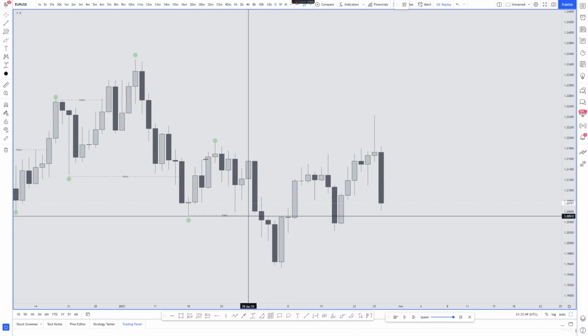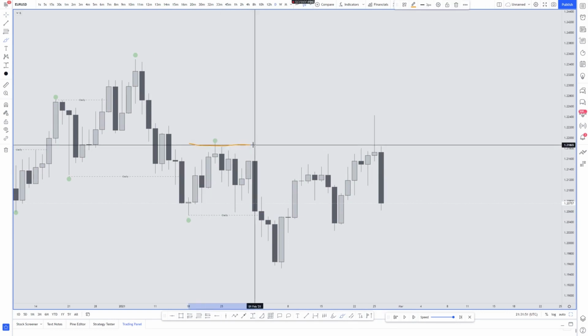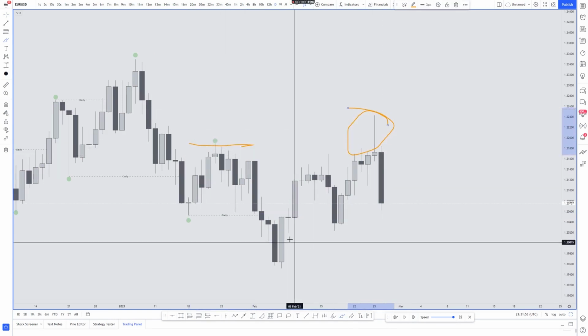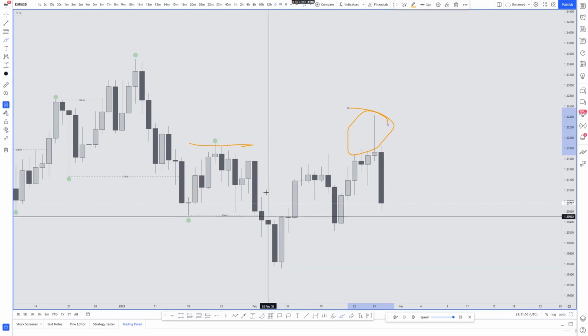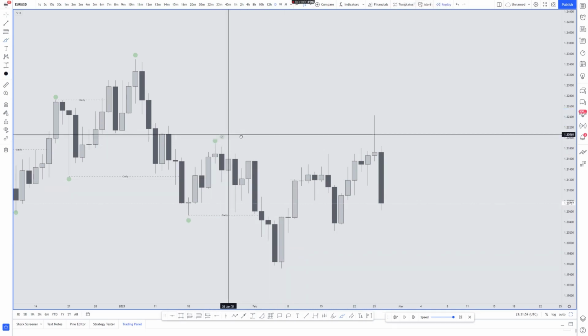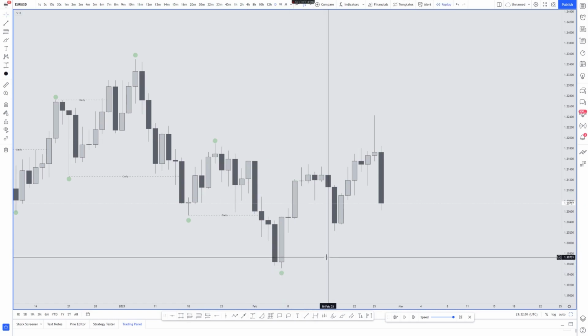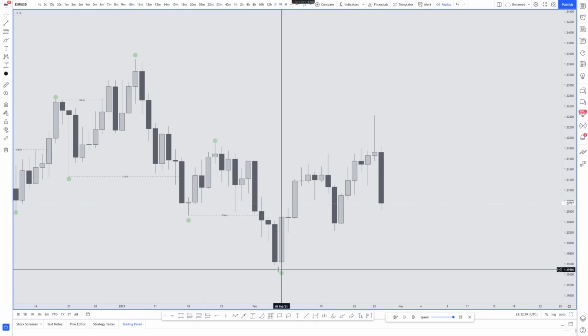So ultimately, once again, we wick above here with this wick, but no candle body yet. And what we're going to do is map this low as structure.